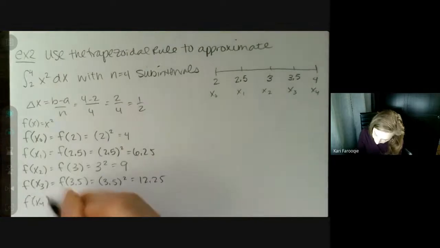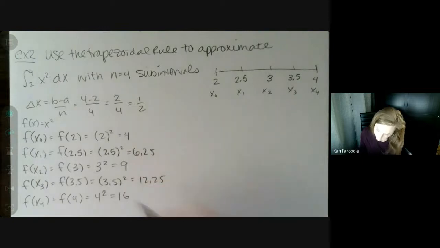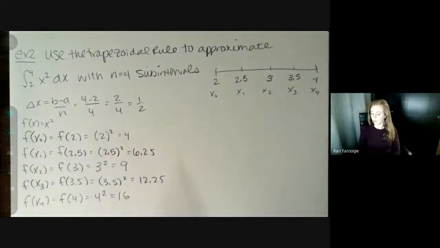And then f of x sub 4 is f of 4, which is 4 squared, which is 16. And of course, verify, make sure your answer makes sense. You're squaring these values, so they should continue to get larger as you work your way through.